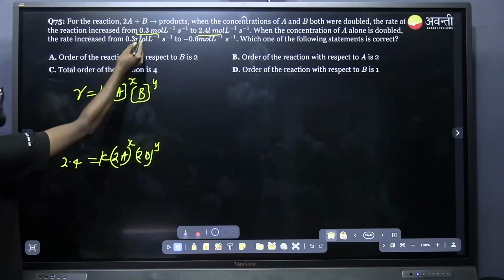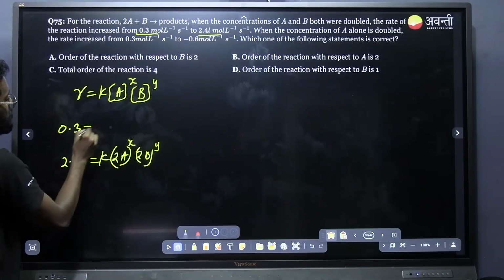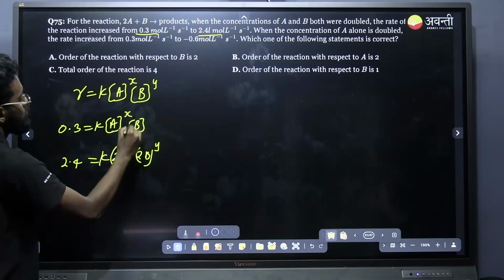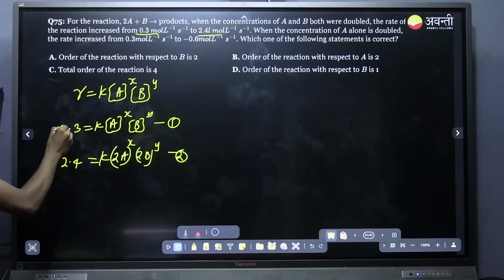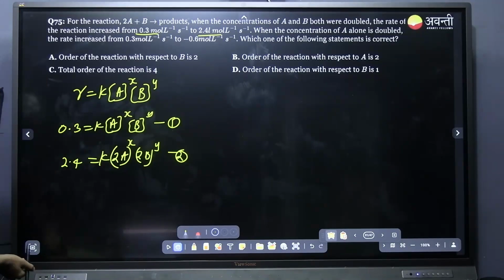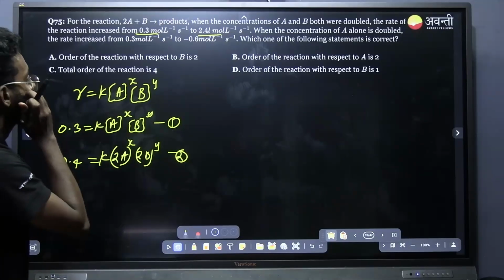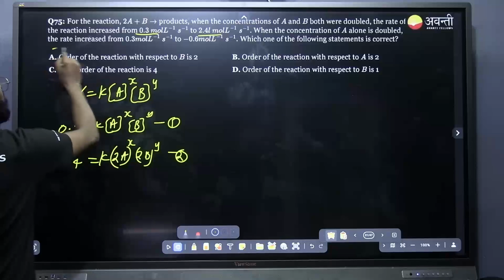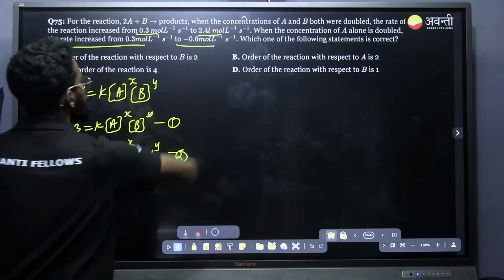Now we can take an equation in which 0.3 is the rate: 0.3 is equal to K into A to the power X, B to the power Y. This is the first equation, and this is the second equation, where the rate has increased from 0.3 to 2.4 when doubled. Now we can go to the second statement given in the question. When the concentration of A alone is doubled, the rate increased from 0.3 to 0.6.